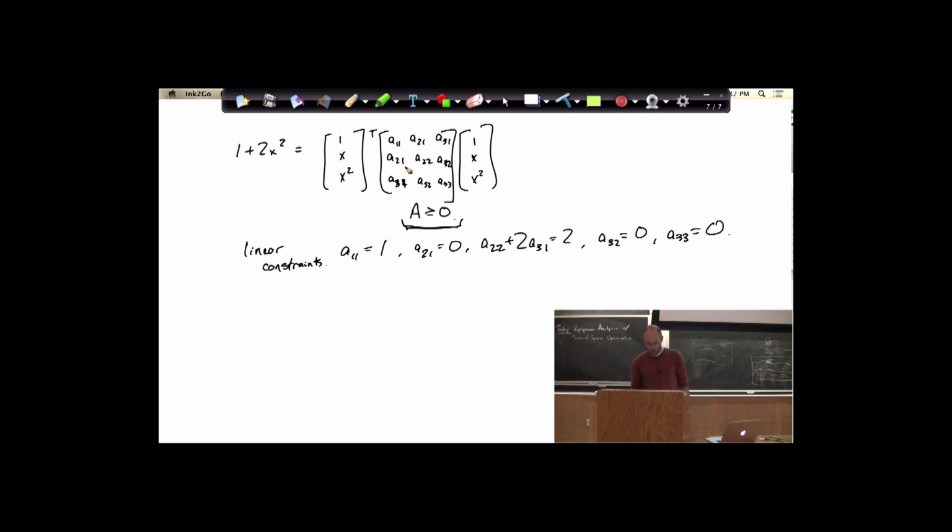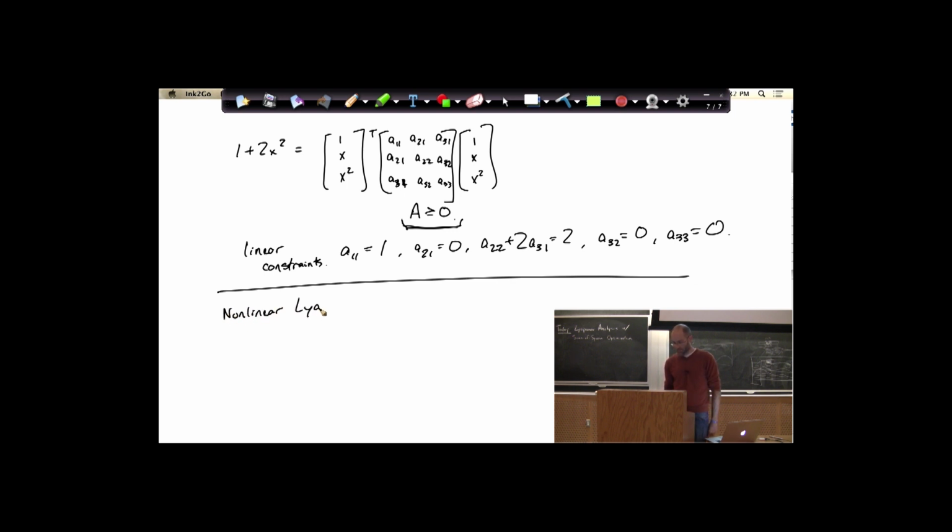Okay, so this means that we can do nonlinear Lyapunov analysis. Right, so let's say I have a polynomial dynamical system.